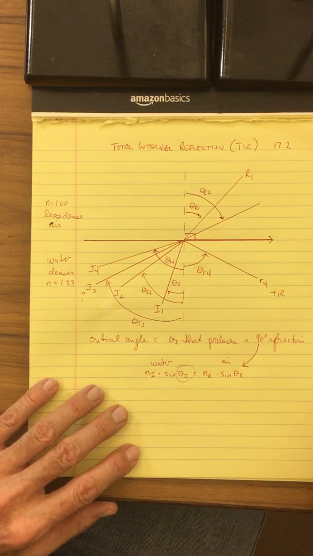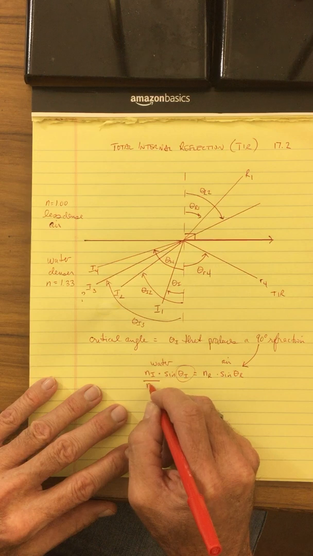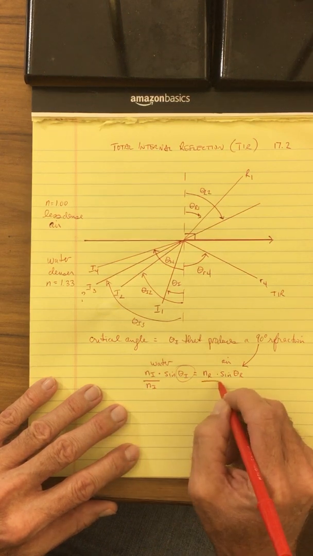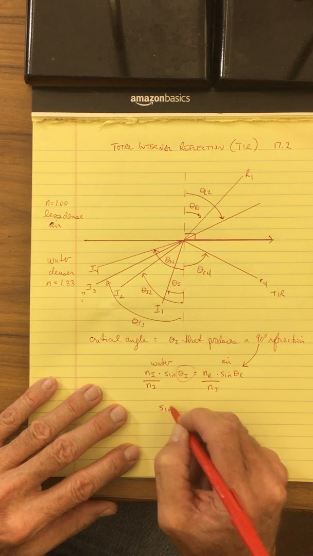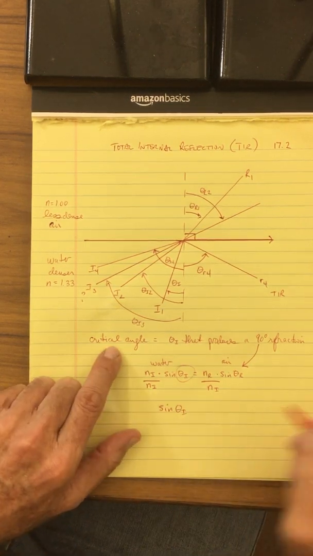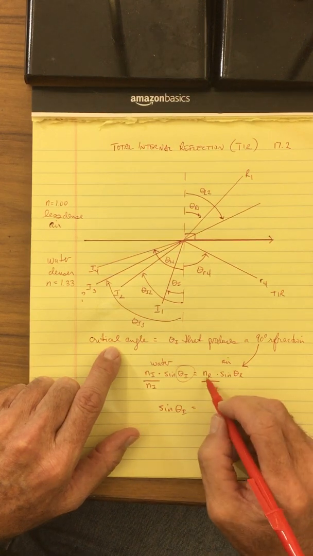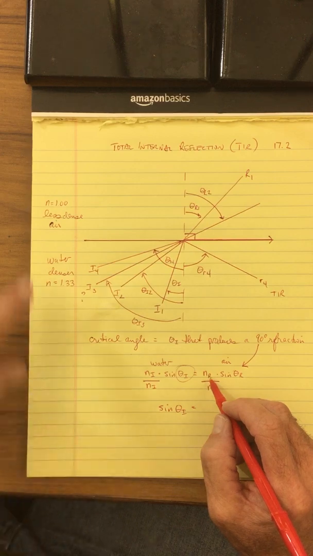So let's go ahead and rearrange. We're going to divide both sides by the index of refraction of water. So we have the sine of the incident angle, which is the critical angle, equals the index of refraction for air. That's 1.00, if you remember.